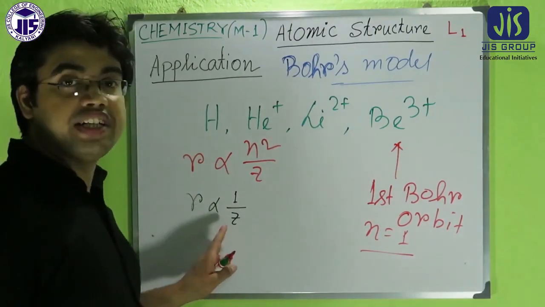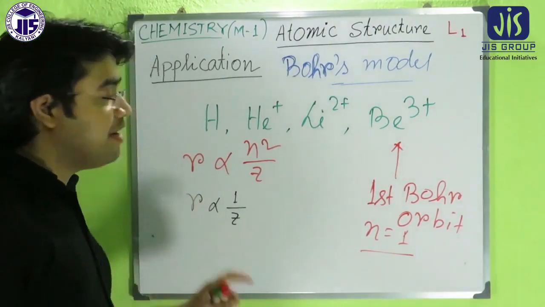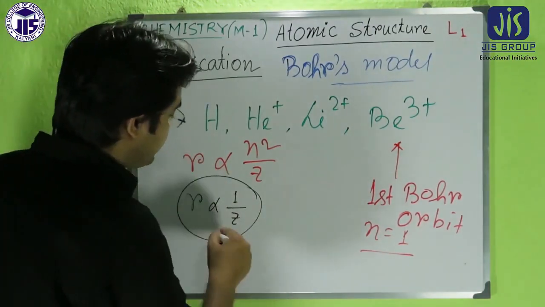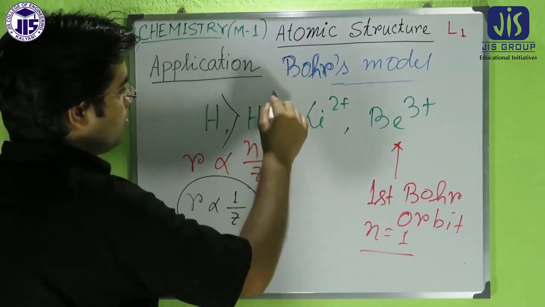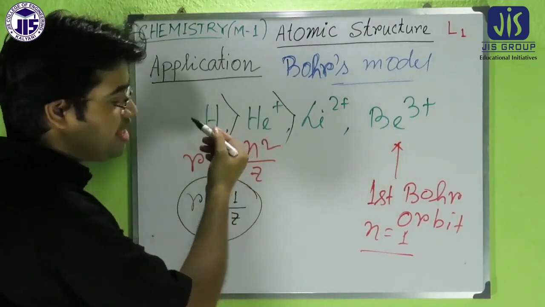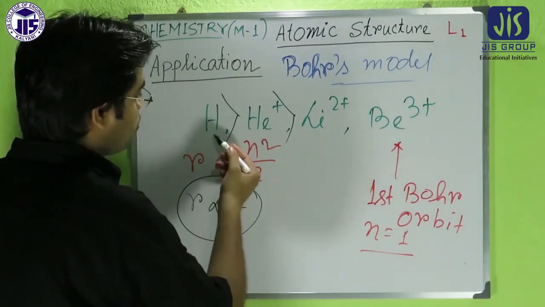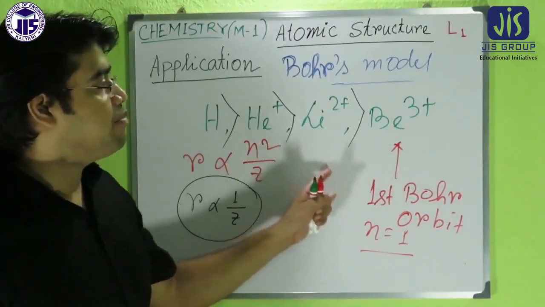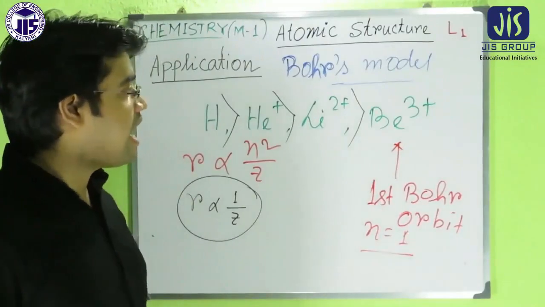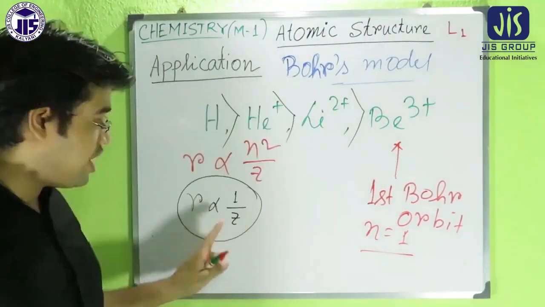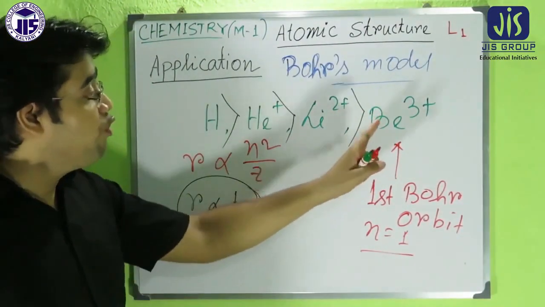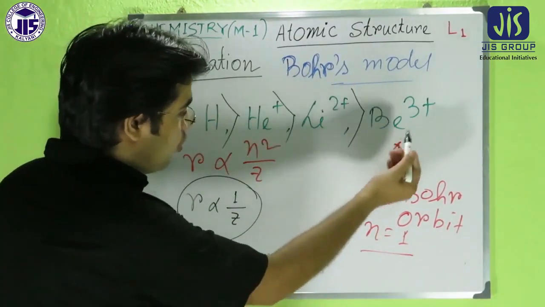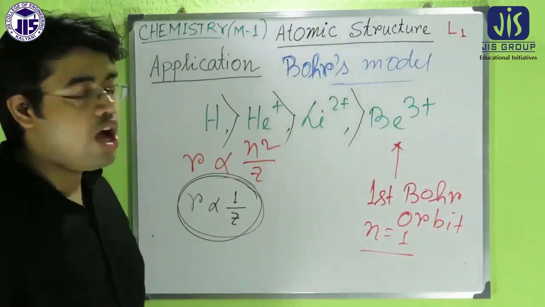With increasing atomic number, the radius decreases, so it is inversely proportional. The radius will be higher for hydrogen, then helium plus, then lithium 2 plus, then beryllium 3 plus. As beryllium 3 plus has the highest Z value, the atomic number, it will have the lowest radius, as it is inversely proportional.